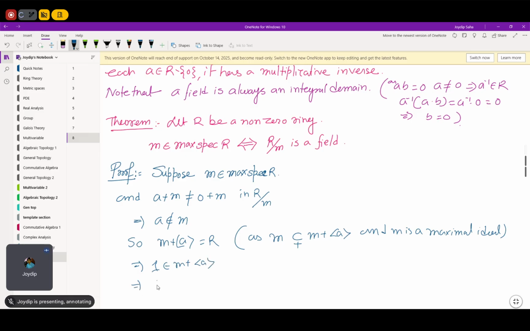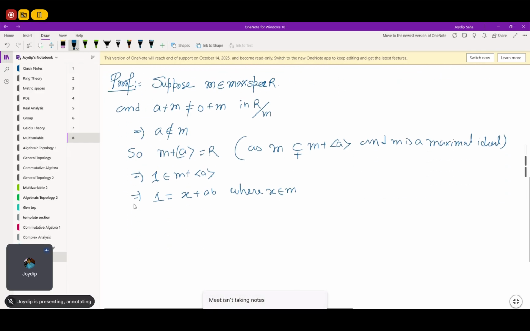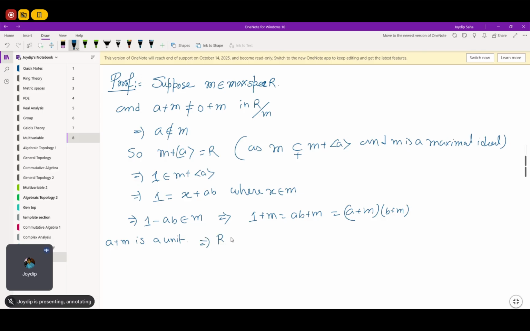So we can write 1 is x plus ab, where x belongs to M. So 1 minus ab belongs to M. This implies 1 plus M equals ab plus M equals a plus M, b plus M. So a plus M is a unit. This implies R mod M is a field.